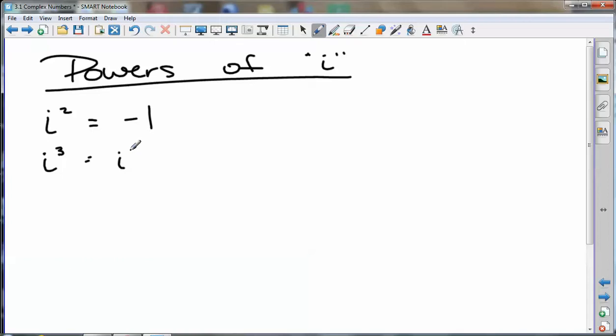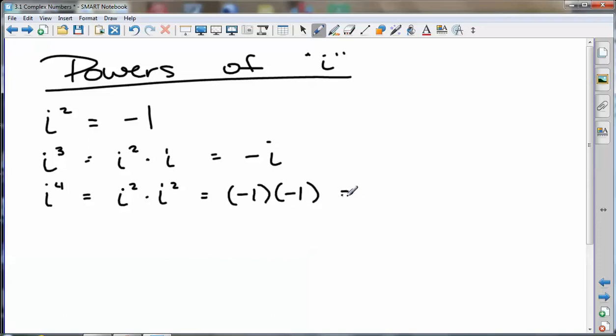That means I to the third is the same as I squared times I. I squared is negative 1, so you get negative I. If I gave you I to the fourth, that means I squared times I squared. I squared is negative 1, times negative 1 is 1.